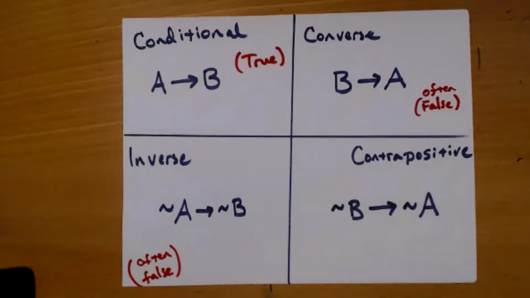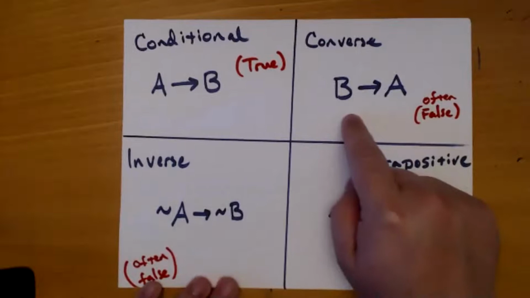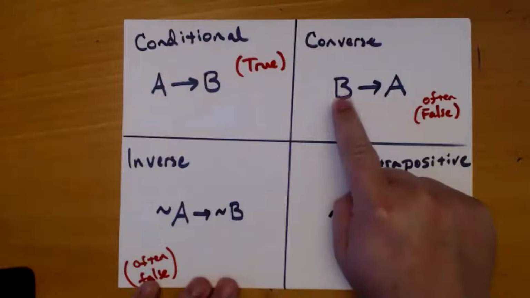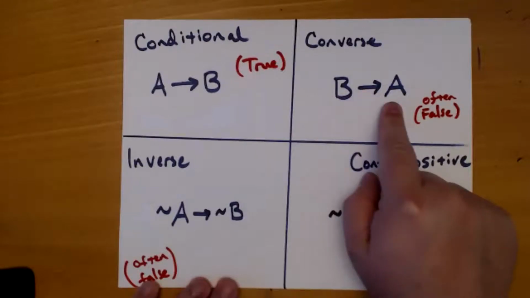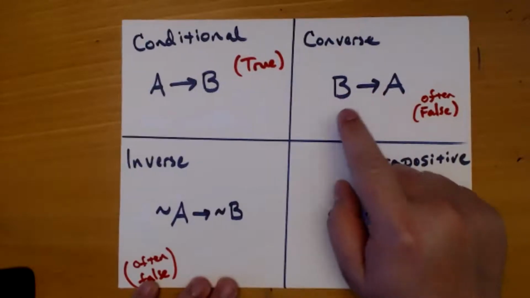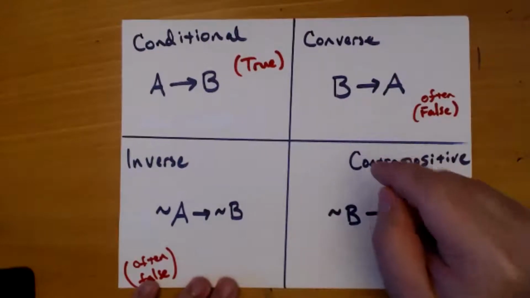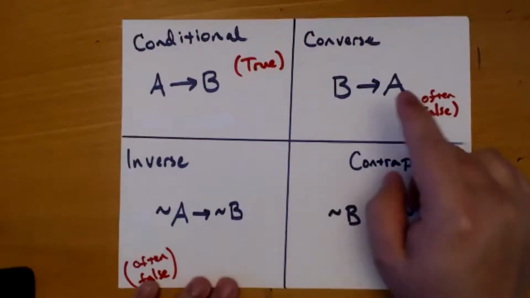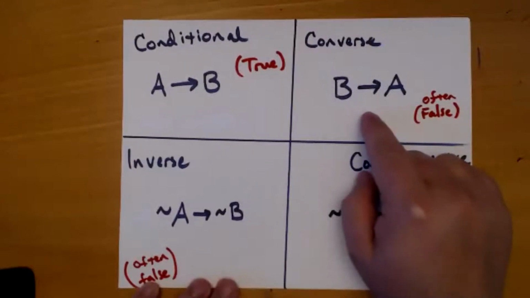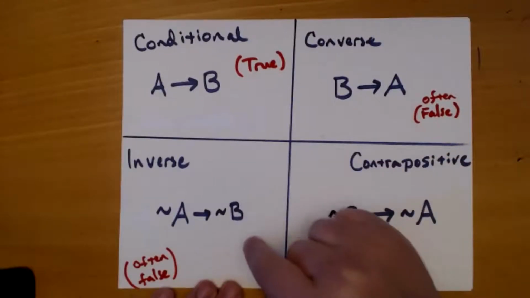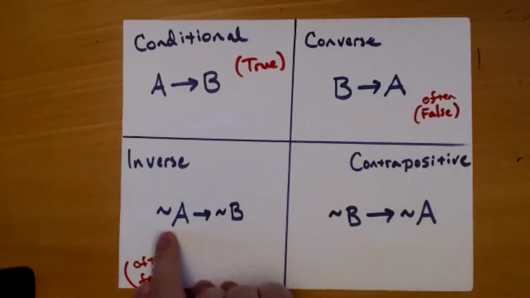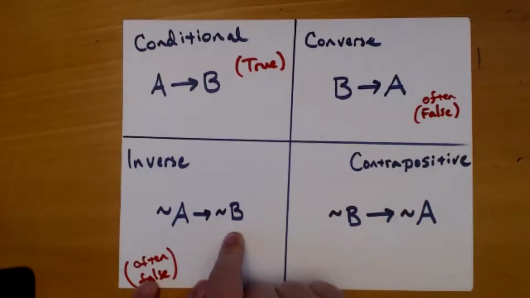Now, can we just for a second think back to that lion and cat example? I said, if it's a cat, then it's a tiger. And I said, give me an example. Some people were saying things like lions and house cats. They had counterexamples that proved this wrong. And then over here, we said, if it's not a tiger, then it's not a cat. And people were throwing out the same lions and house cats and jaguars.